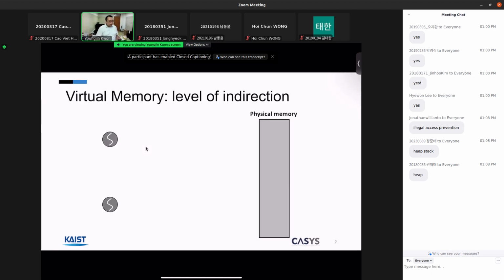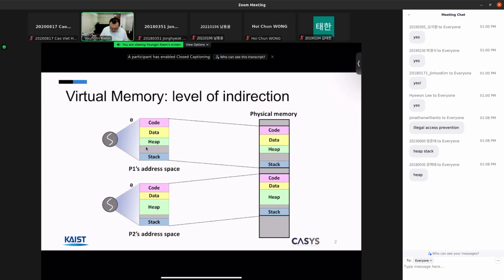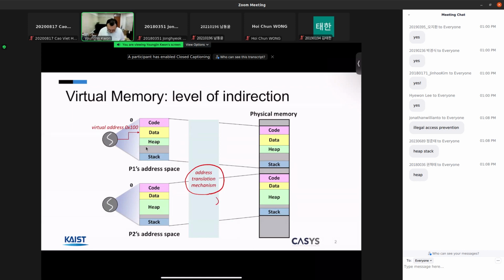The virtual address space has to be mapped, and in virtual address space there is no address translation mechanism itself. There are three mechanisms: fixed, base and bound, and segmentation. These are the three mechanisms we will discuss today.